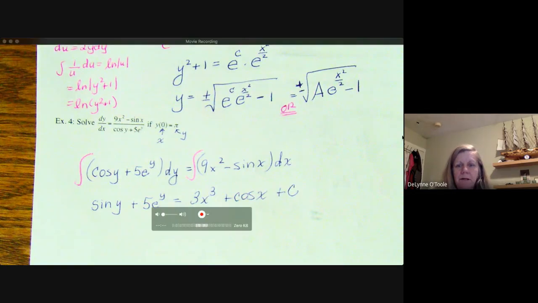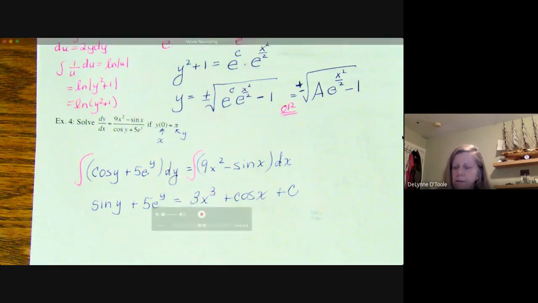Okay, so there is the separation and the integration.